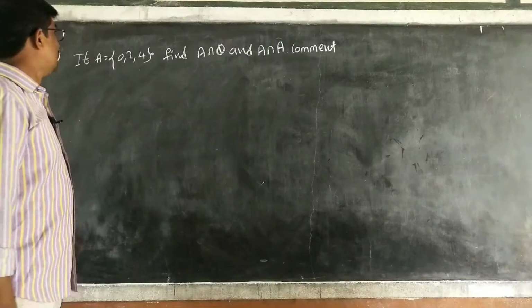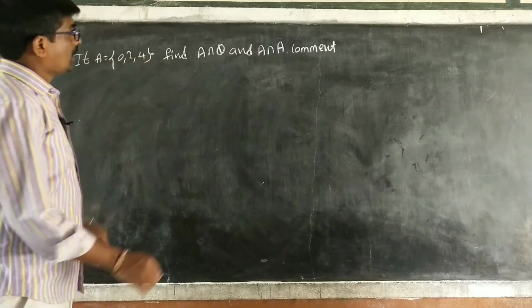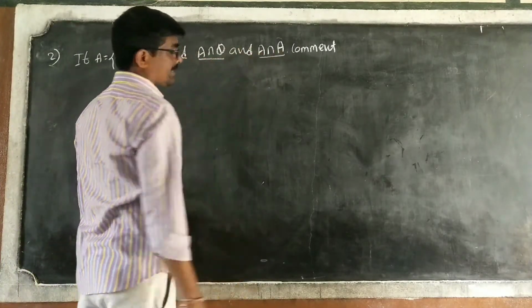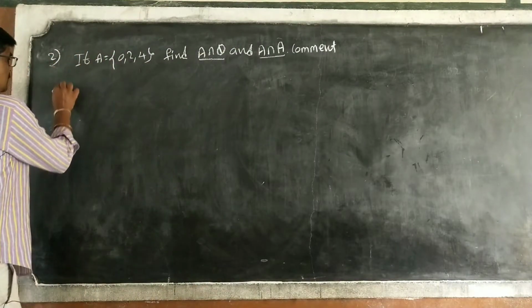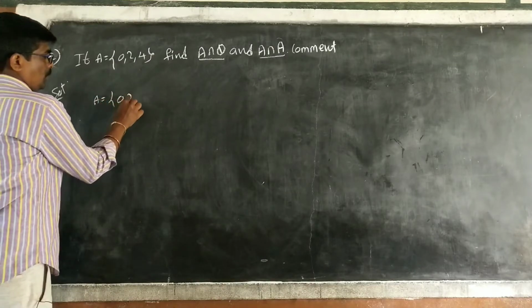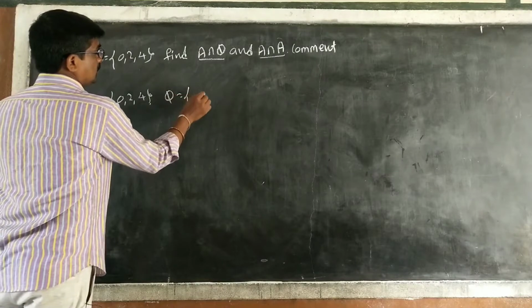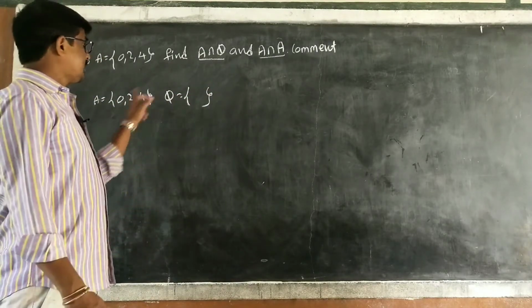Next problem. If A is equal to {0 to 4}, then we have to find A intersection pi and A intersection A. First, the solution. A is equal to {0 to 4} and pi is the null set.